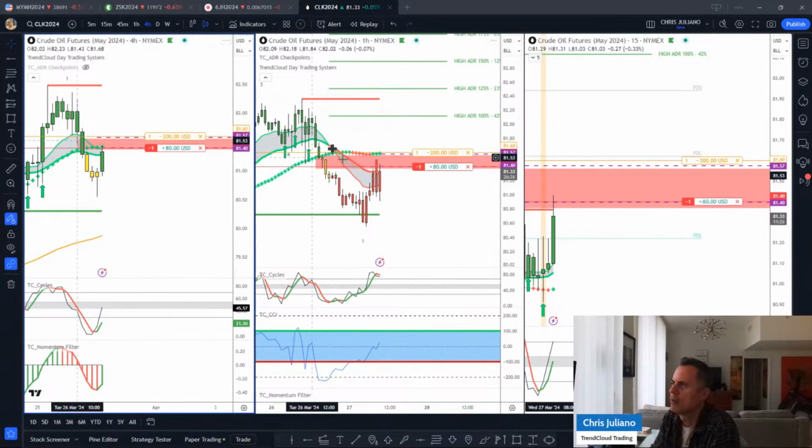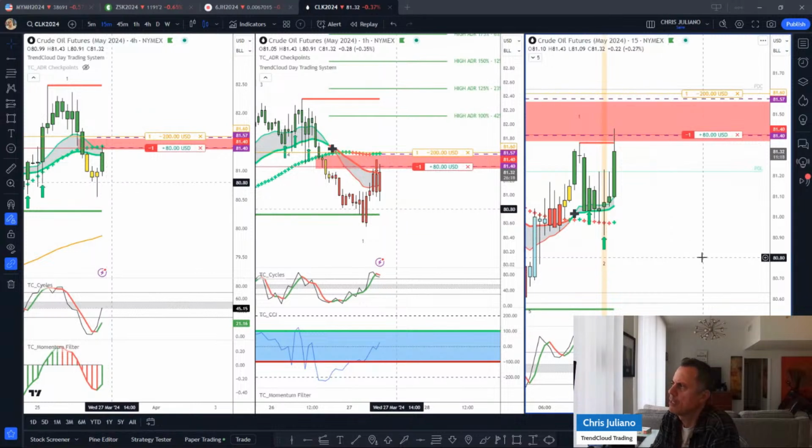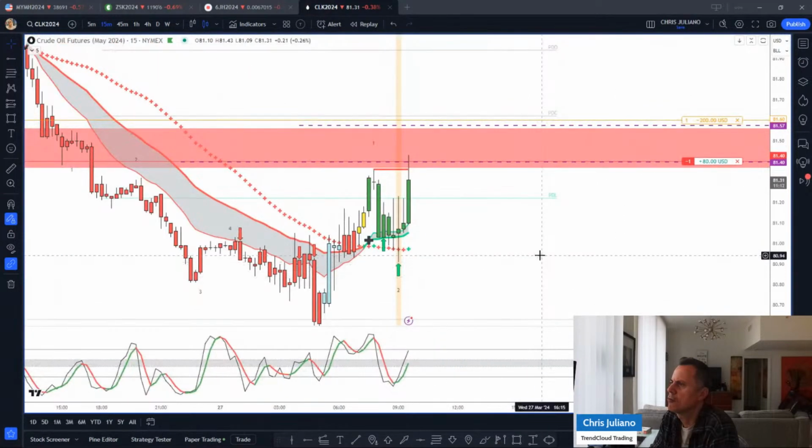I wish we were a little bit more above here. It's bouncing off of, what is that? All right, so it did go a little bit past this rally base drop into the higher time frame supply zone, at least for now.